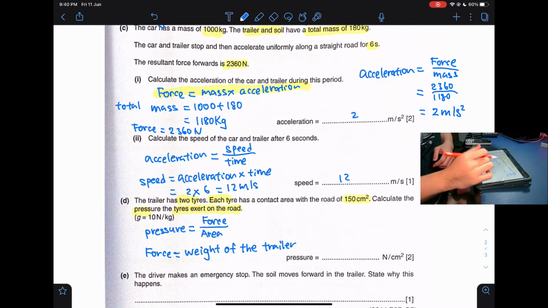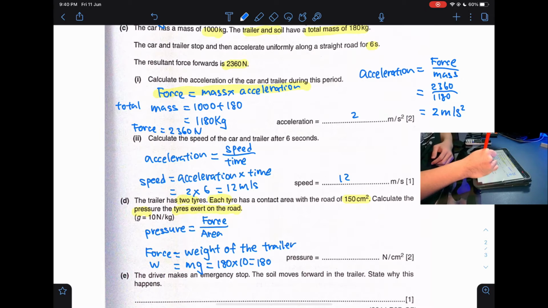We are given that the trailer and soil has a total mass of 180 kilograms. So our weight is equal to mg, mass times gravity. So it's 180 times 10, which is 1800 newtons.